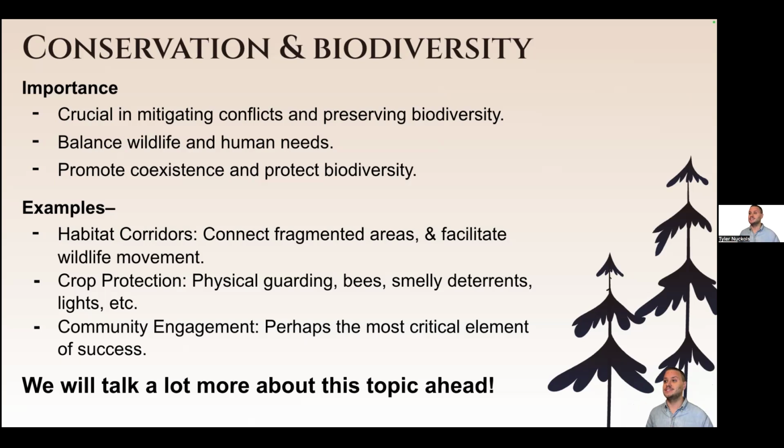So it's kind of like a highway for wildlife to move between fragmented areas of forest. Crop protection like guarding, bees, we'll talk a little bit more about bees, but other species, smelly deterrents, lights, things like this that are specifically tailored to behavioral responses for specific wildlife.